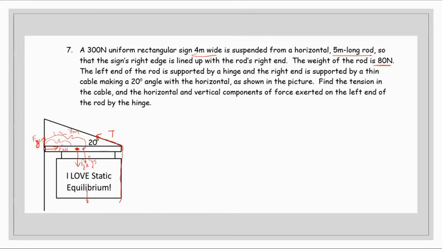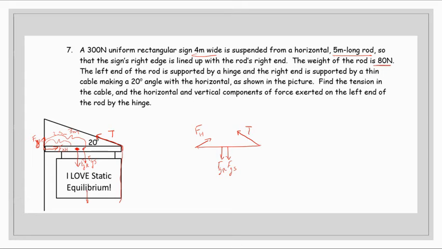If you were really drawing a free body diagram of this situation, you would have the force of gravity of the rod, the force of gravity of the sign, the force of the hinge, and a tension force. We have a lot of different things to solve, so we need to start with our torque.